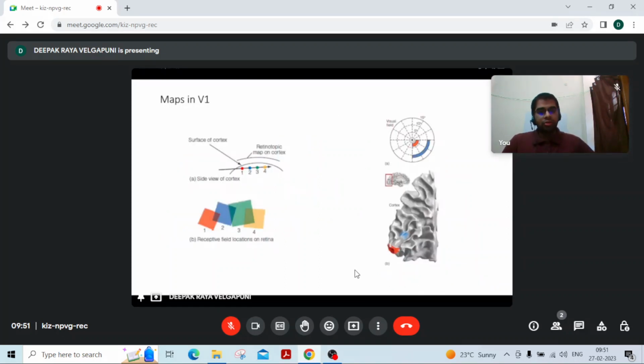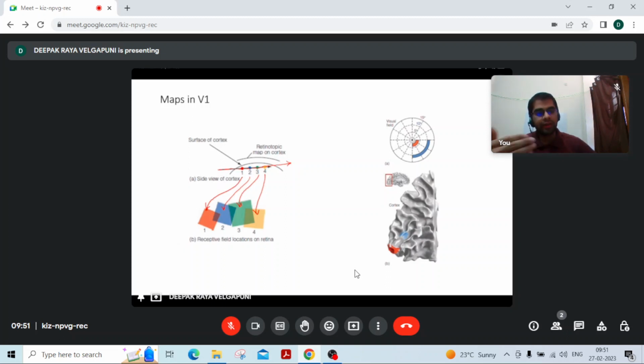Coming to retinotopic maps in V1 and some terms like cortical magnification. Even in V1, if you pass an electrode like this across the surface here, you see that each point has a receptive field something like this. So neighboring points correspond to neighboring receptive fields on retina.